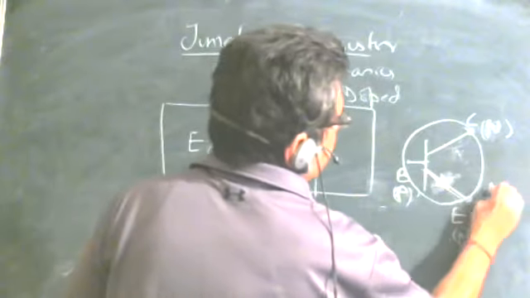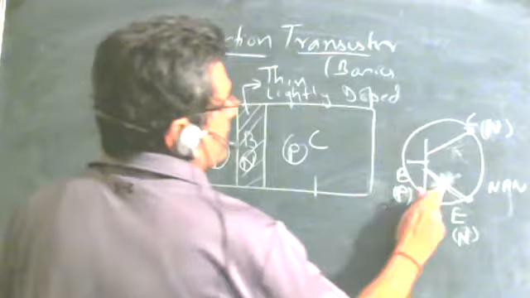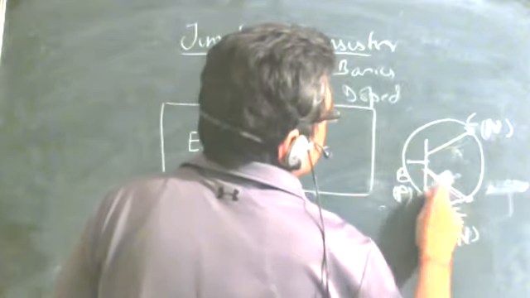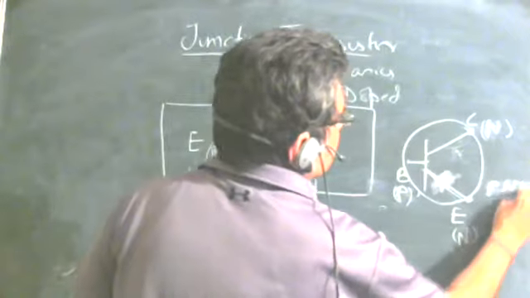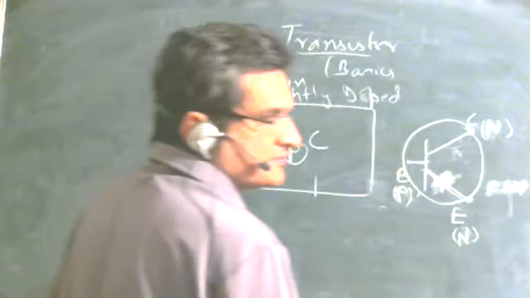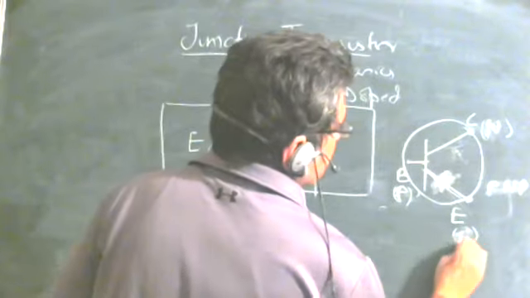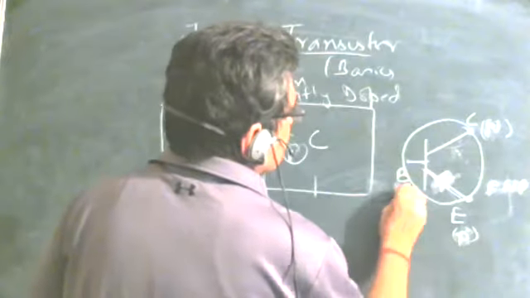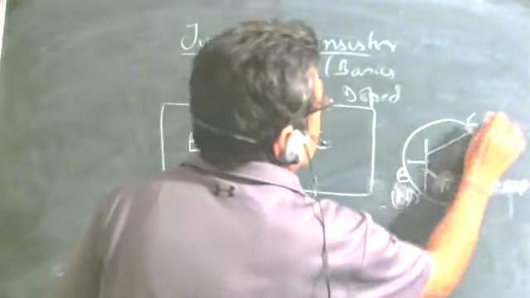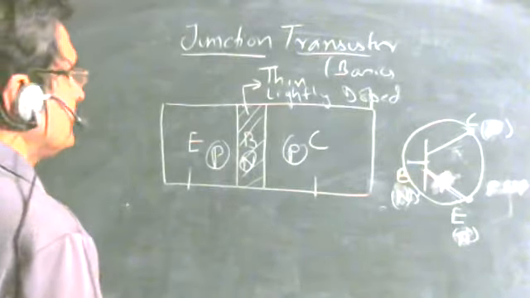So for the NPN transistor, this is the symbol, and for PNP, it will be just the reverse. It will be P, it will be N, and P. So this is how the symbol is marked.